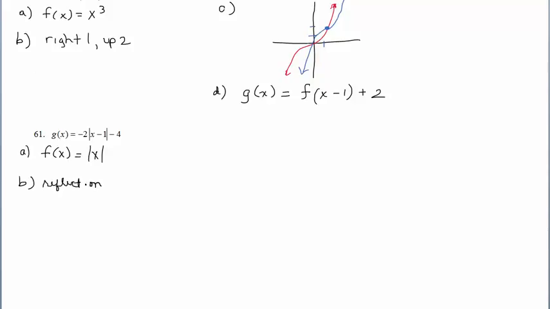That's going to be a reflection in the x-axis because the negative's on the outside, but we'll just put reflection right now. The 2's on the outside, not with the x, so it's going to be a vertical stretch made thinner. We have a right 1 and a down 4. I'm going to come down here. So a lot of transformations, so it's probably going to take us several steps to graph this.